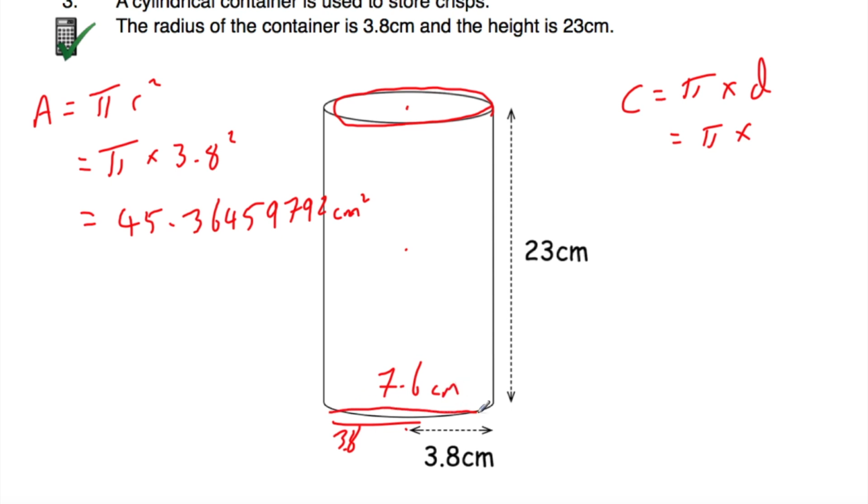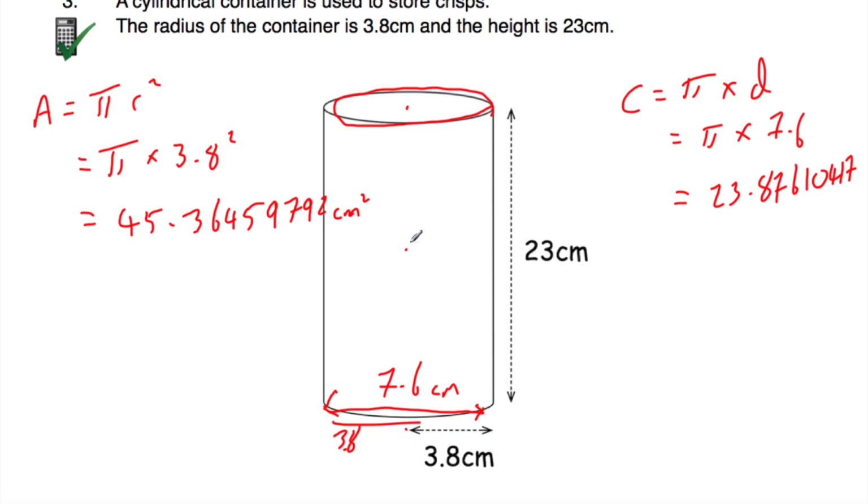That would be the diameter of the cylinder. Or you could just double 3.8, which is 7.6 centimeters. So that's going to be pi times 7.6, and on a calculator that's equal to 23.87610417. So that's the circumference of the circle.